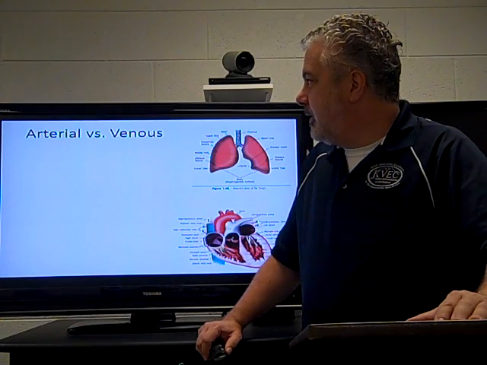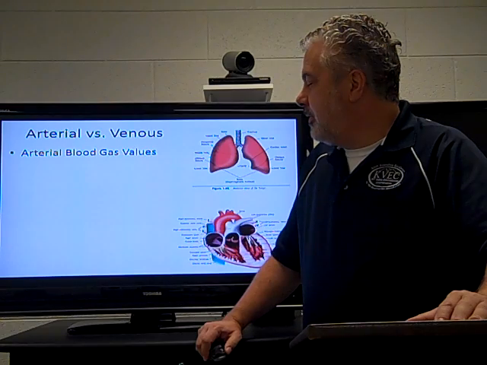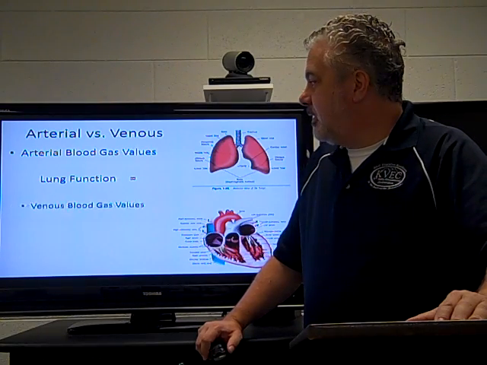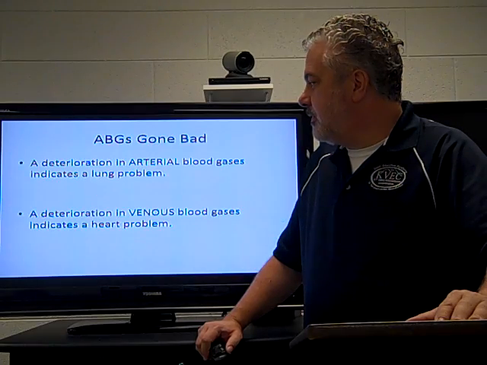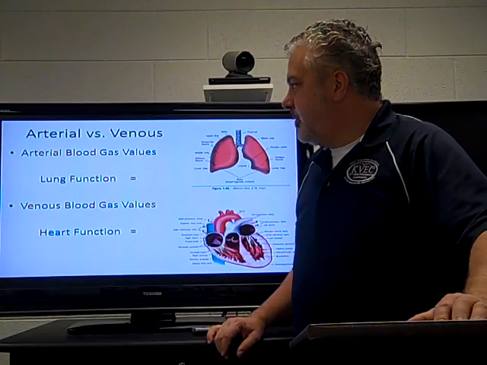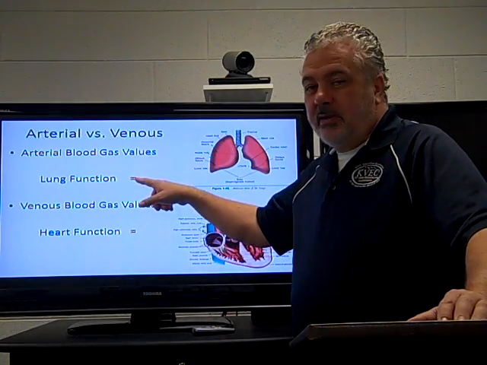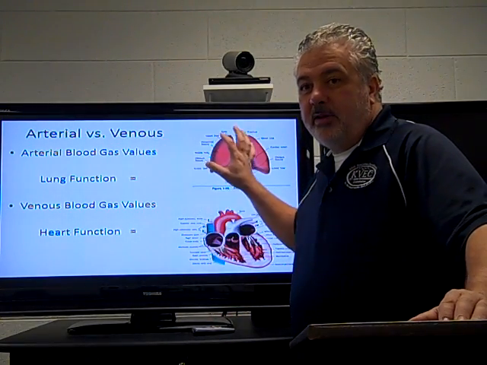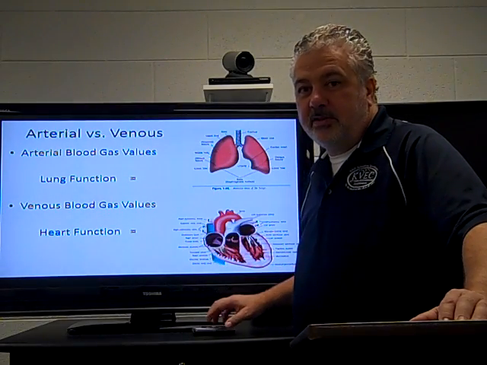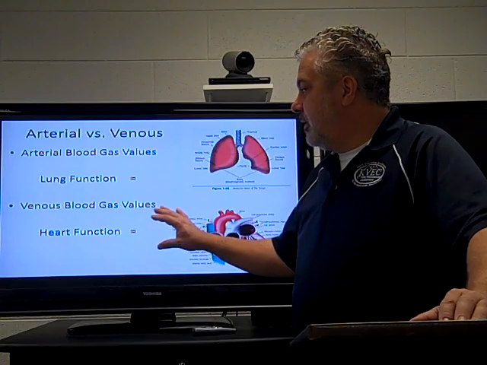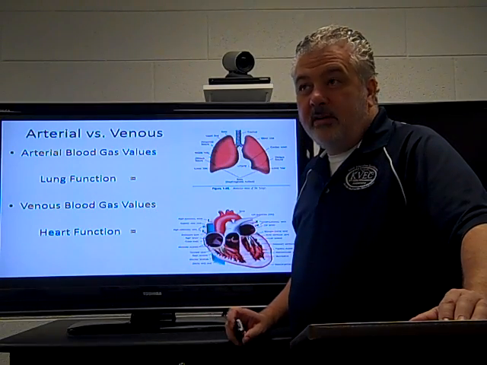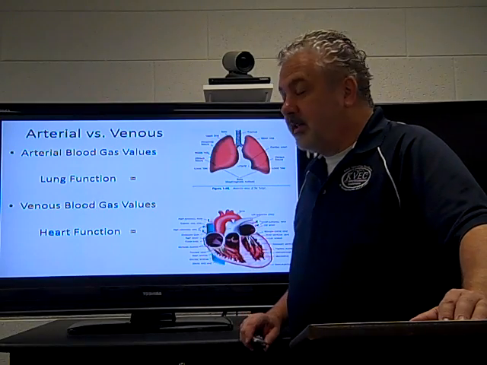Remember that arterial blood gases are a reflection of the lungs' function, while venous blood gases are a reflection of the heart's function. If I'm looking at PaO2 and SaO2 on the arterial side, I'm looking at how the lungs are working. Remember, PaO2 tells me oxygen is diffusing normally. If I'm looking at PvO2 or SvO2 or CaVO2, I'm really assessing the heart's function.